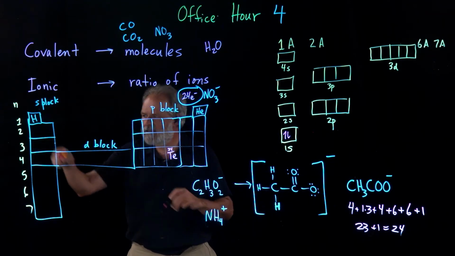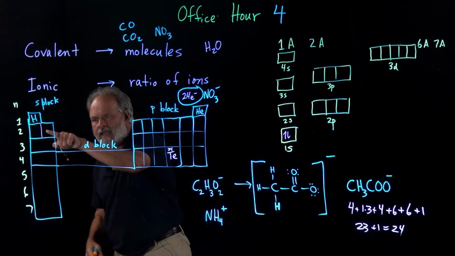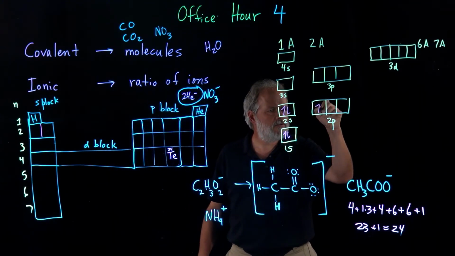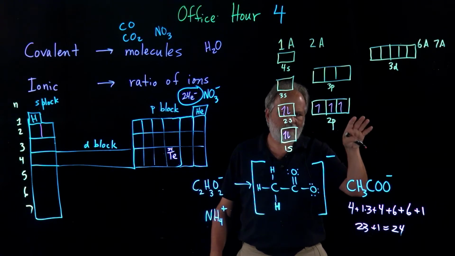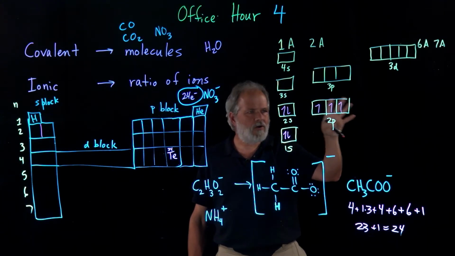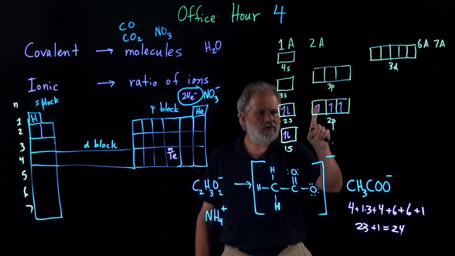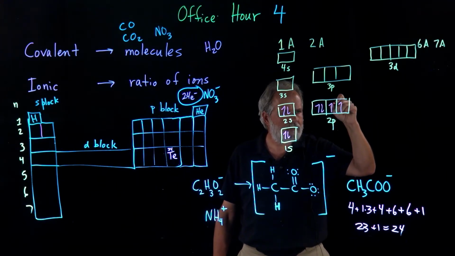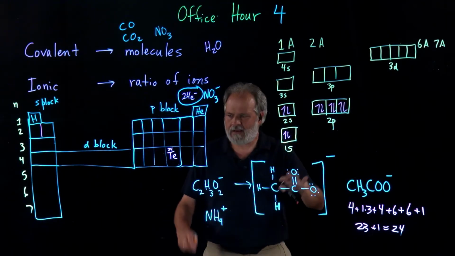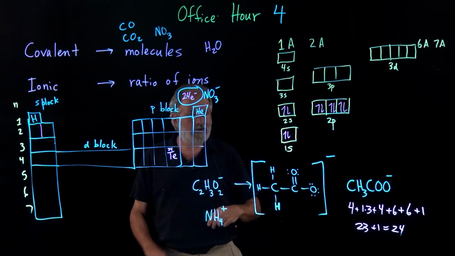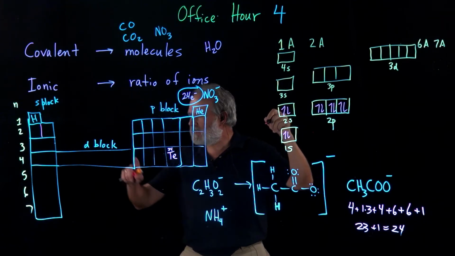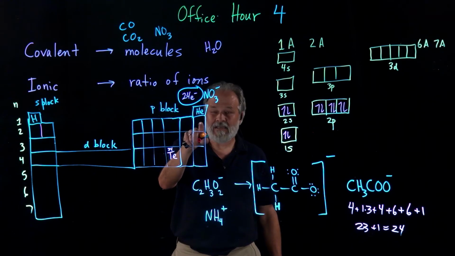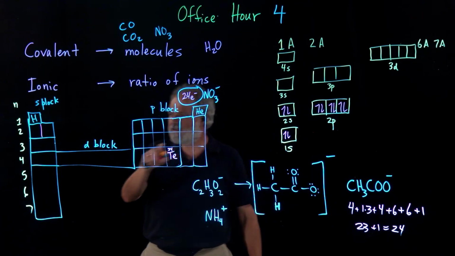Row 2 has an S block, and then the P comes after it. Row 2 has 2s and 2p. The way you put electrons into a series of boxes that are all the same, like the 2p, is up, up, up, and then you start putting paired down, down, down. I've used 10 out of the 34, so I've got 24 more electrons to go. That puts us with 10 electrons, the same as neon.